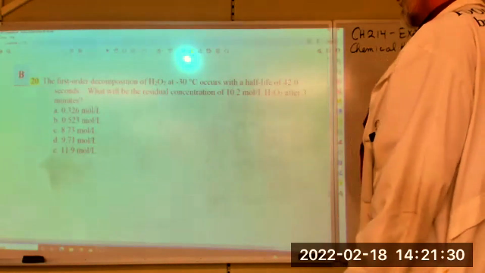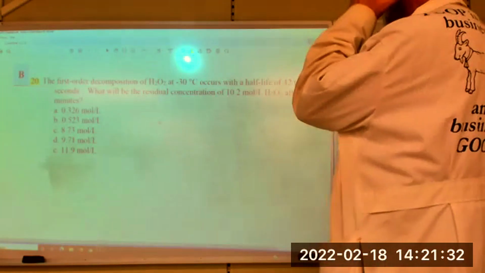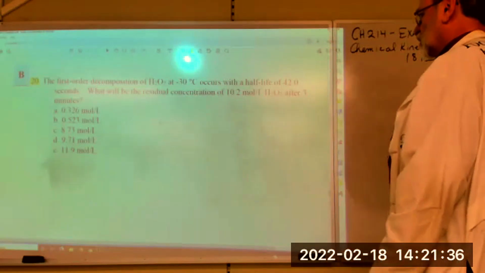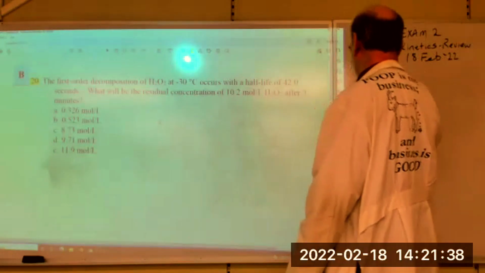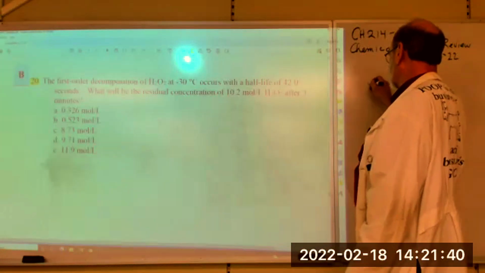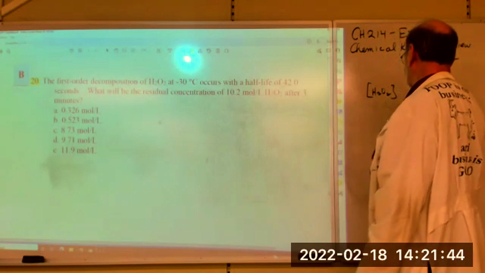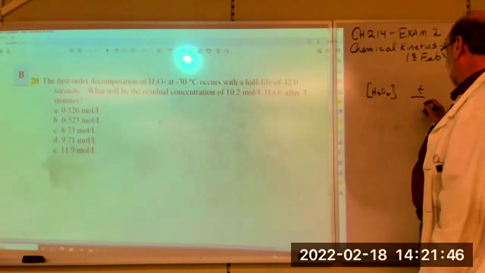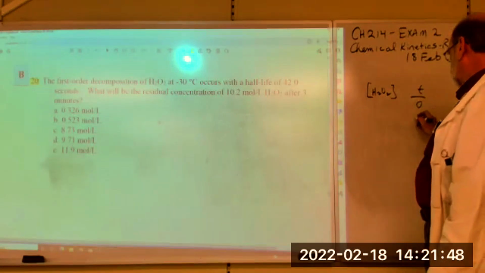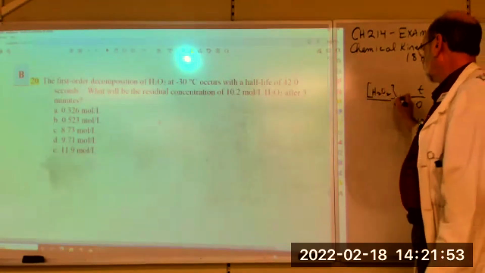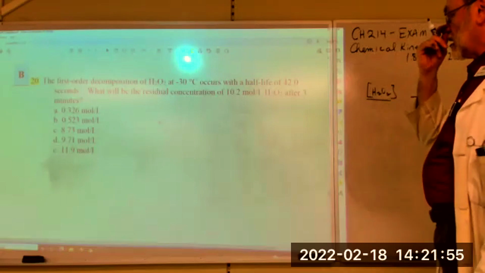First order decomposition of H2O2 at minus 30 occurs with a half-life of 42 seconds. First order decomposition. So we've got concentration of H2O2, the time, and the first half-life is 42 seconds. What else are we given?